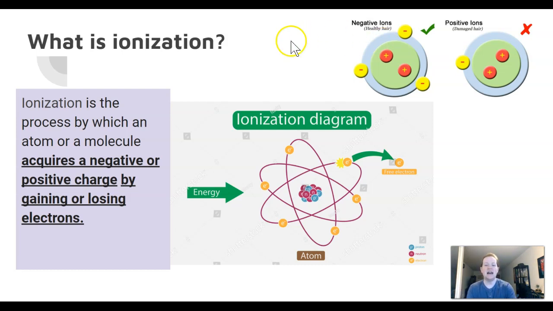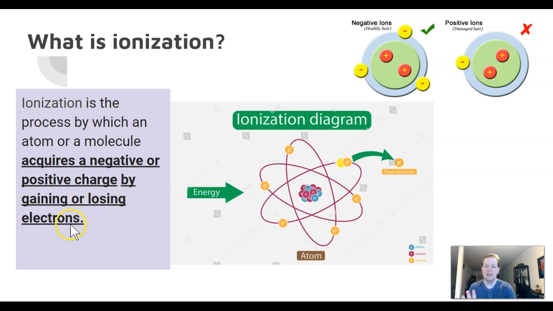And ionization, well, that probably then makes sense that it's the process of how you get this. Really our focus is the process, when it's coming to light, of how atoms might lose an electron. Right here, it looks like something happened. If things are nice and balanced and there's 2 protons and 2 electrons, something happened right here that removed an electron. So ionization is the process by which an atom or molecule acquires a negative or positive charge by gaining or losing electrons.